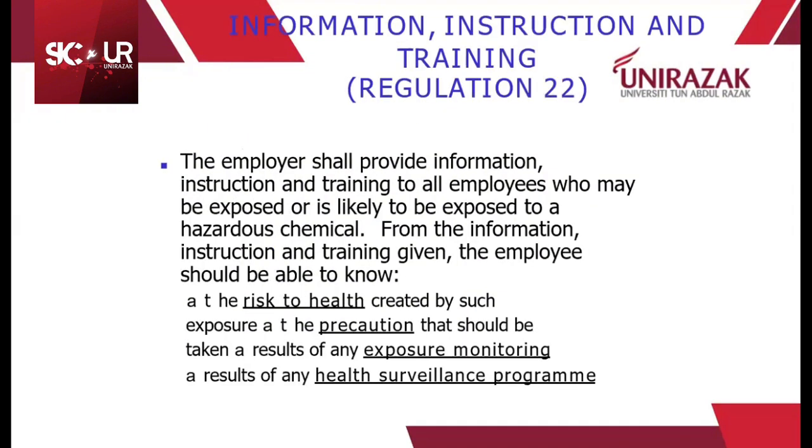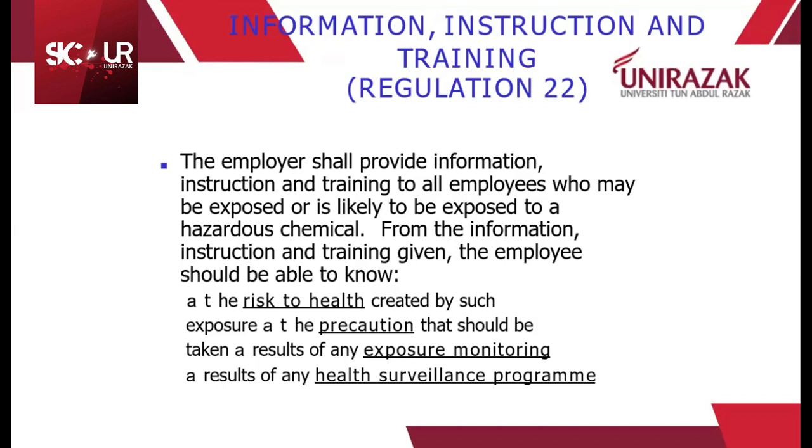Right. Seterusnya berkaitan dengan information, instruction and training, Regulation 22. The employer shall provide information, instruction, and training to all employees who may be exposed or is likely to be exposed to a hazardous chemical.